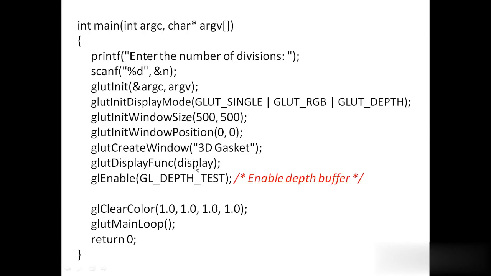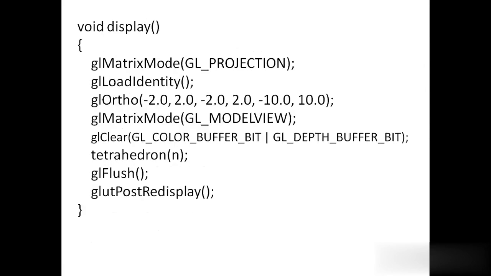We are giving the window position as 0, 0, and we are creating the window by giving the name 3D gasket. Here the glutDisplayFunc is calling the user-defined display function, and we are enabling the depth buffer. So here glColor we are going to give.